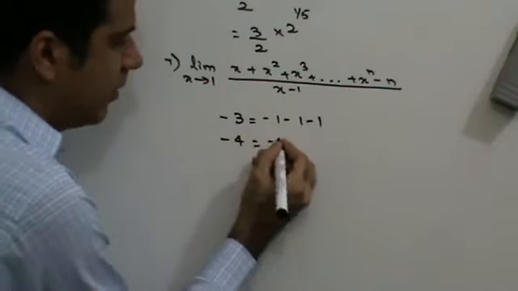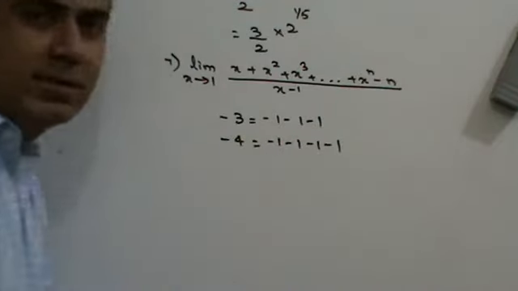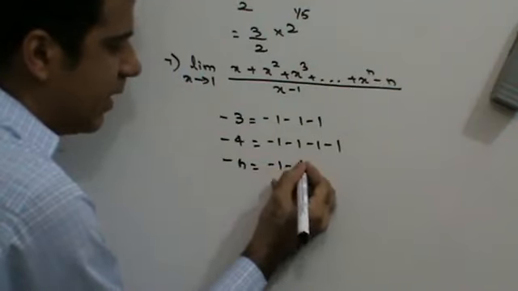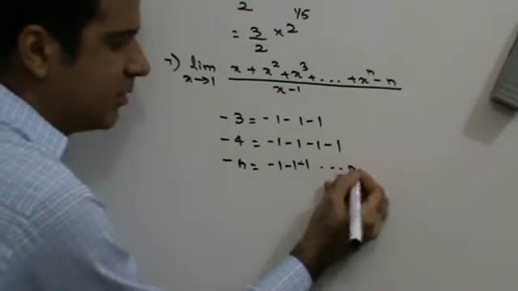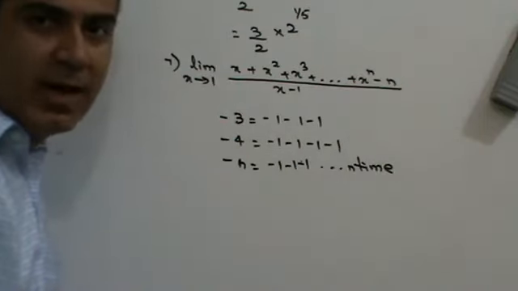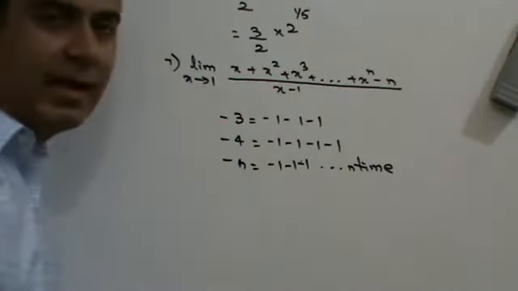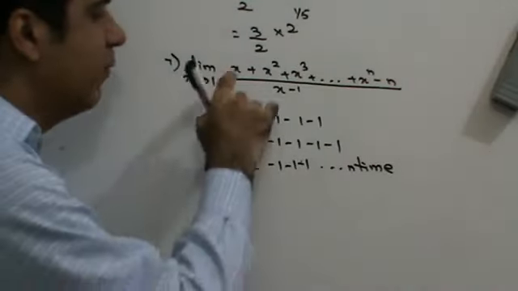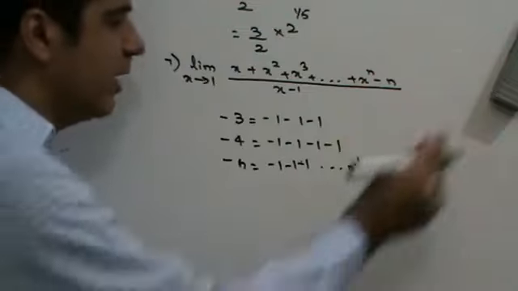Minus 4 can be written as minus 1 four times. Similarly, minus n can be written as minus 1 n times. So I am going to split this minus n as minus 1 n times. Since there are n number of x terms, each x term is going to take a 1.